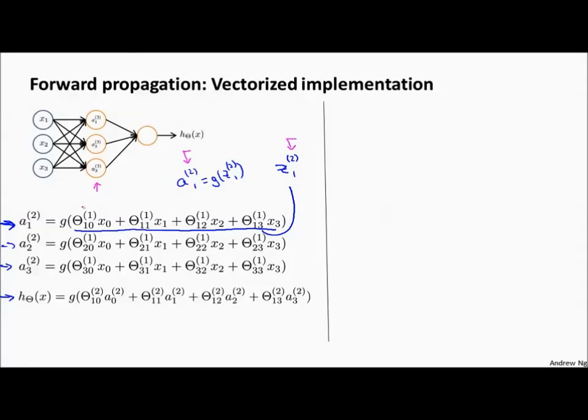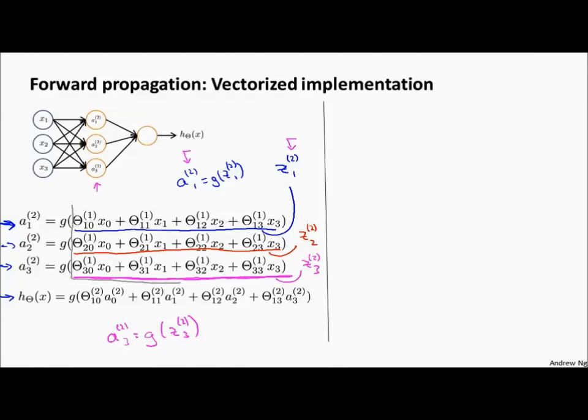Now, this term here, I'm going to similarly define as z22, and finally this last term here that I'm underlining, let me define that as z23, so that similarly we have a23 equals g of z23. So these z values are just a weighted linear combination of the input values x0, x1, x2, x3 that go into a particular neuron.